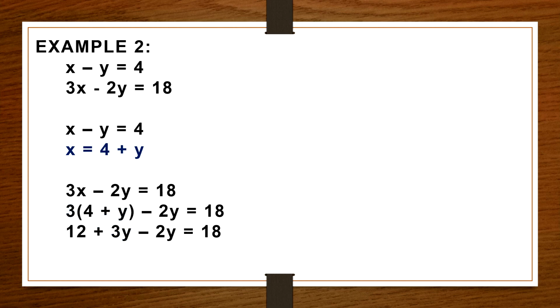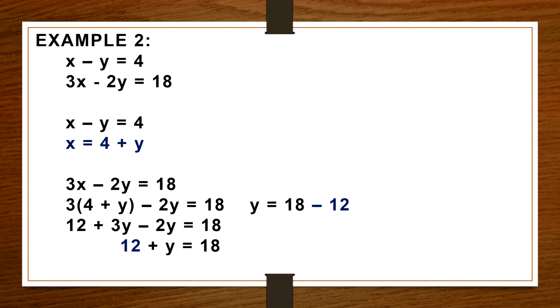Then let's combine 3y and negative 2y: 3y minus 2y is y. Then copy positive 12 and 18. The next step is to transpose positive 12 to the right side. It will become y equals 18 minus 12. Subtract 18 minus 12, so 6.